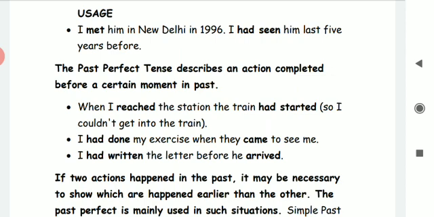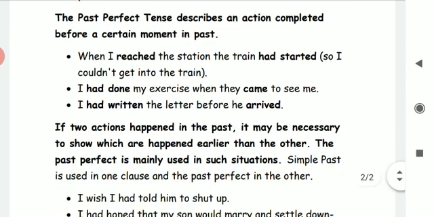This is considered the perfect use of past perfect tense. Okay. Simple past is used in one clause and past perfect is used in other clause, right? Now you may have two clauses in a sentence, and at that time what happens, in one clause you are using simple past and in another clause you are using past perfect, right?